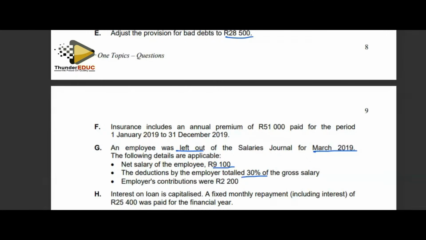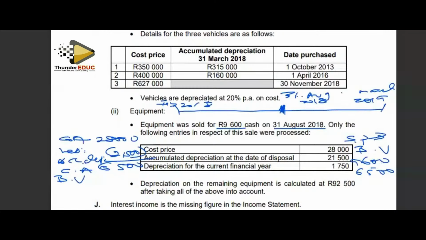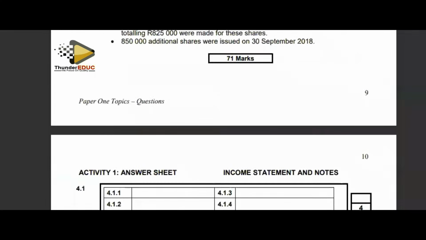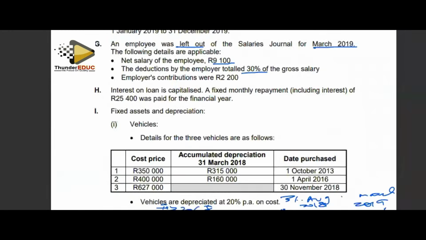You need to check out something. Is there any information pertaining the salaries? Interest was that. Shares. Okay, we don't have any information regarding salaries. It means the net salary of the employee was 9,100.